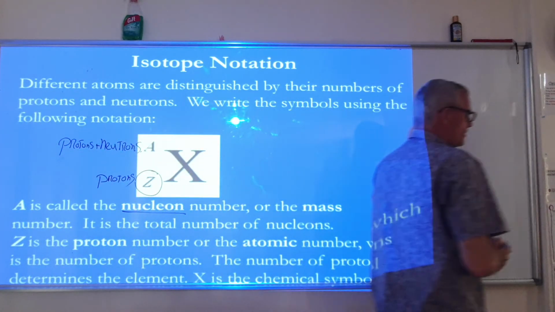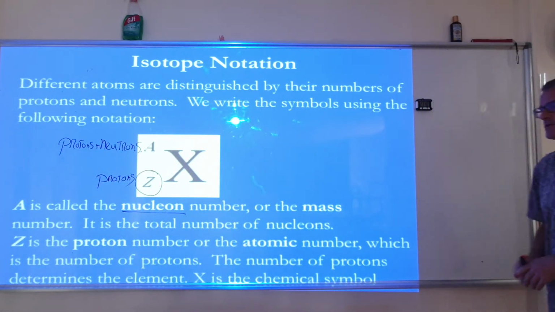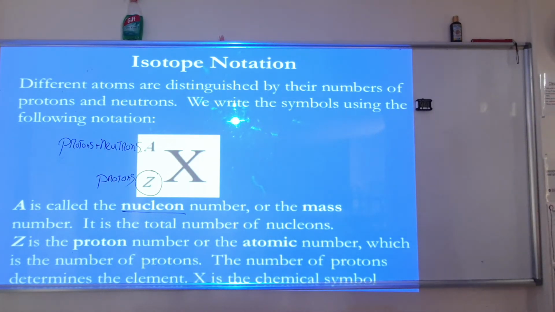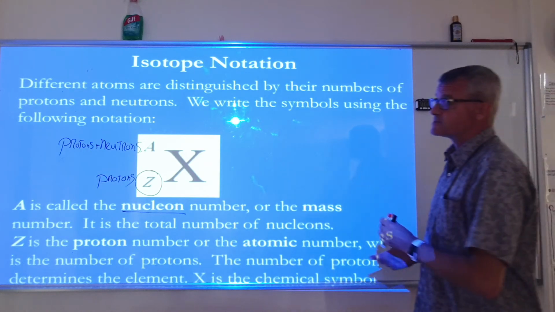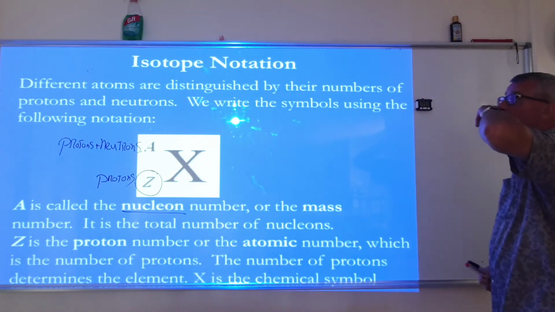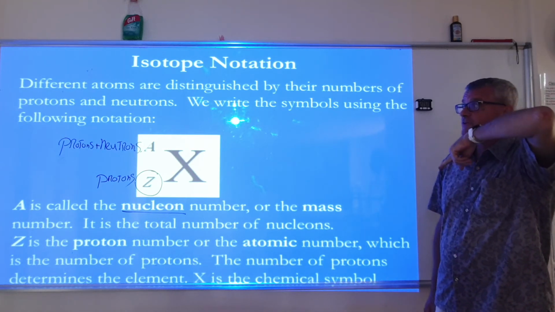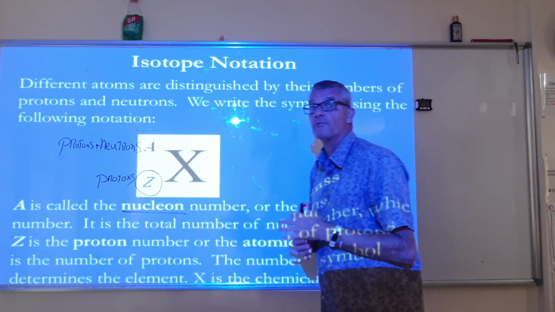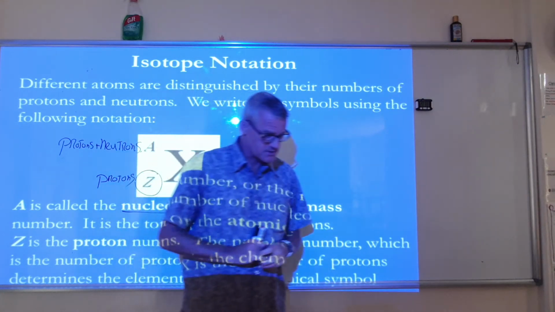Okay? So the nucleon number is actually the mass number of an atom. X represents the chemical symbol. Okay? Now, when we have a different isotope of the same element, it means that only the mass changes.